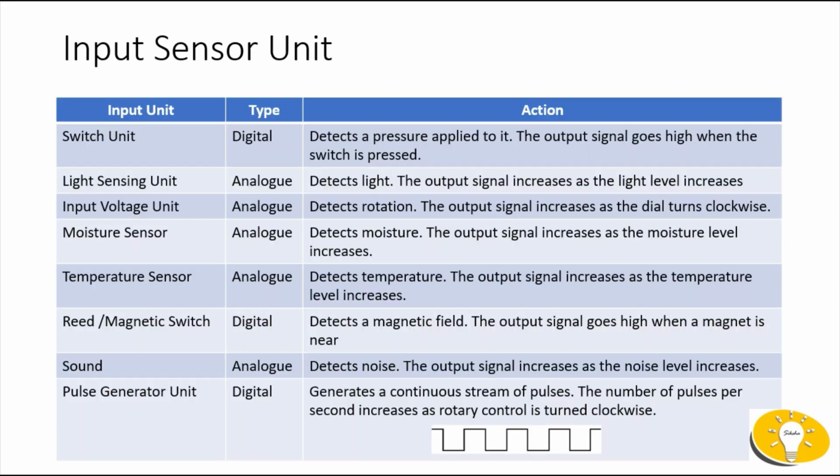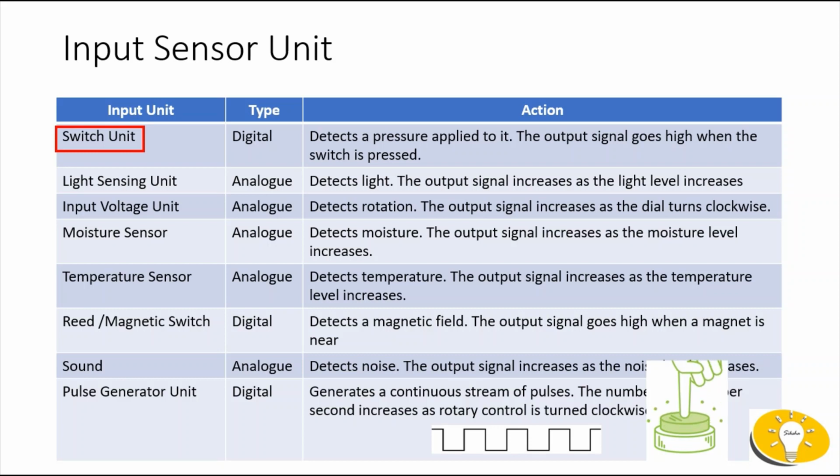Now these are some of the input units and their type, along with a short explanation of their operation. For example, the switch unit is a digital input unit and it detects the pressure applied to it.